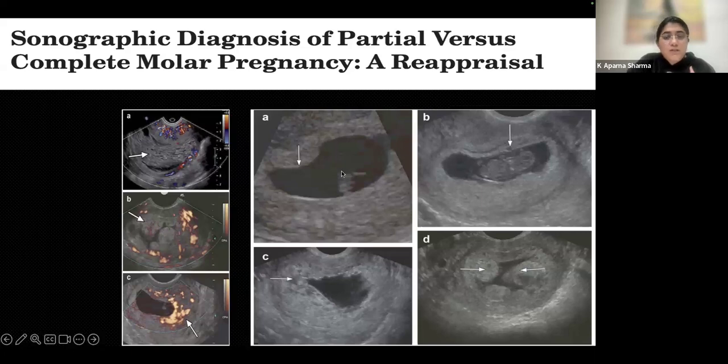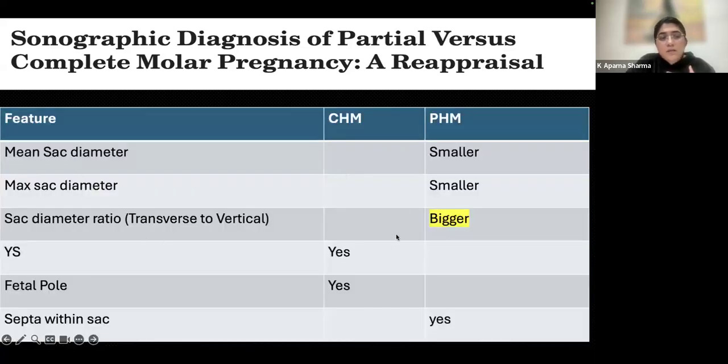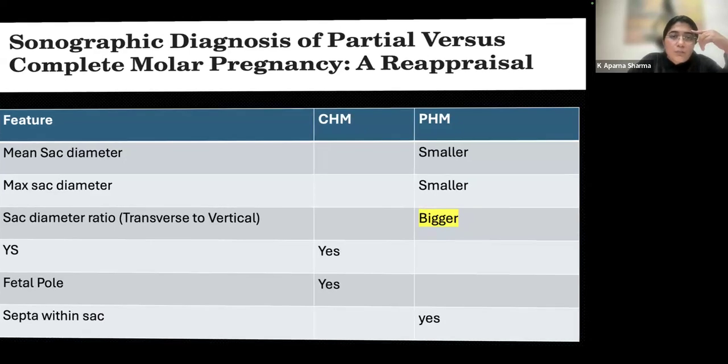And like you said, you can see a yolk sac, you can see a fetal pole, and the beta HCG, of course. And one very peculiar thing about a partial mole is that the transverse diameter is more than the vertical, which has been repeatedly reported. And I think these are some of the things that we should keep in mind about the partial mole.